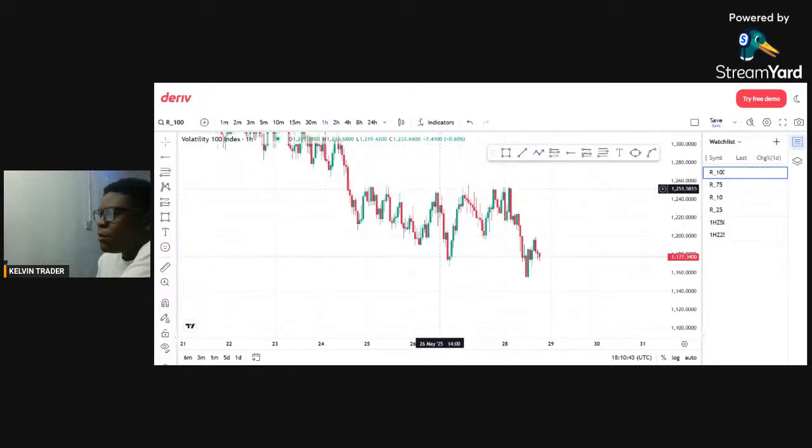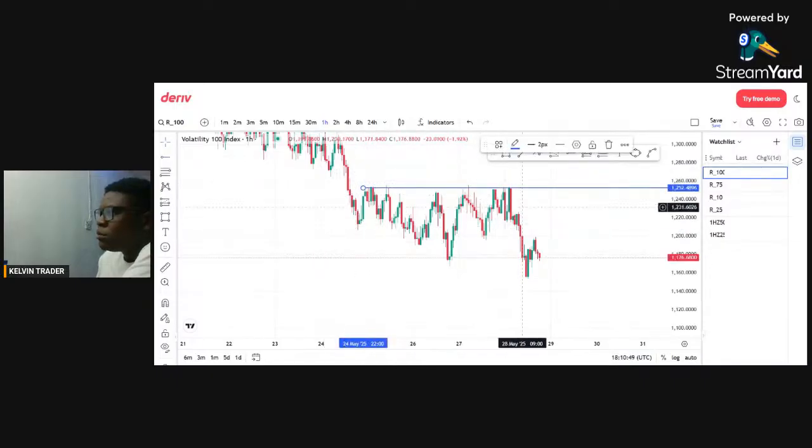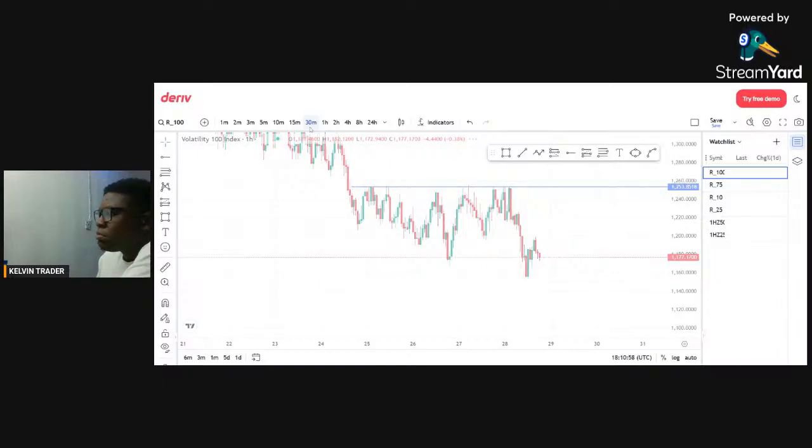On the 1 hour time frame, I'm not seeing any significant structure here, because all these are equal highs. So there is no significant structure here. Check 30 minutes.